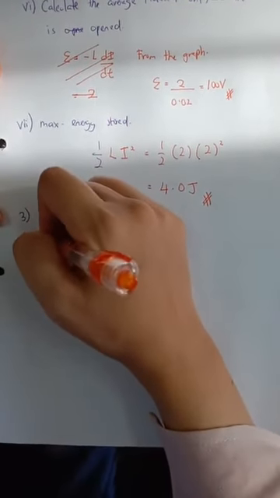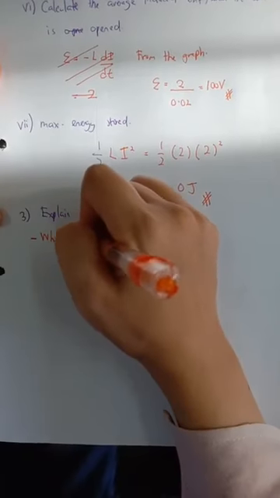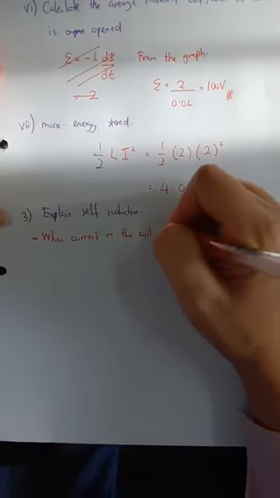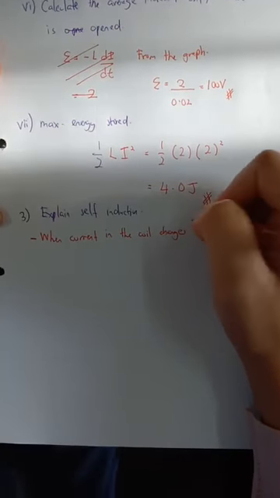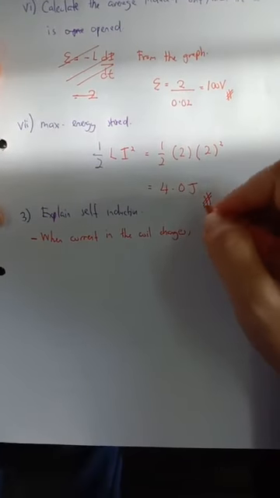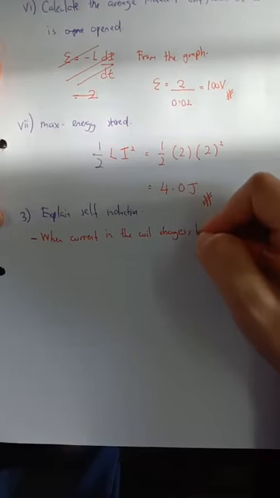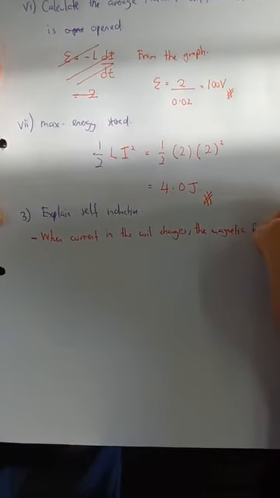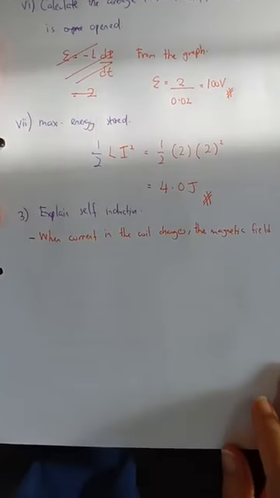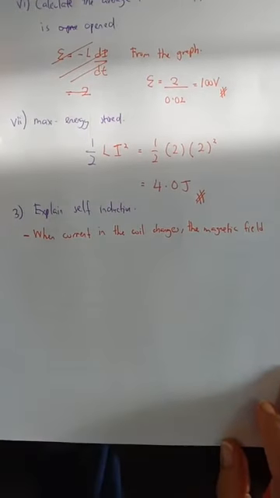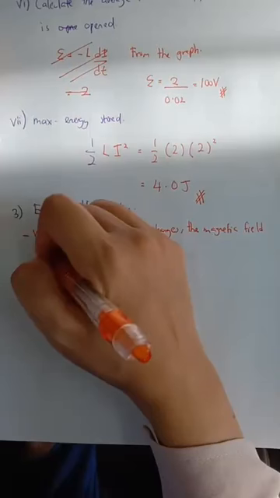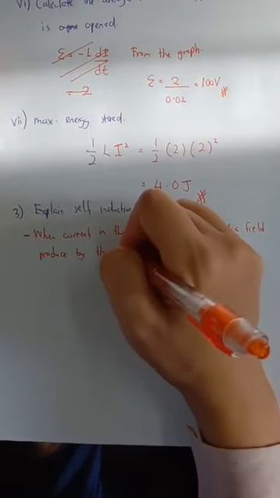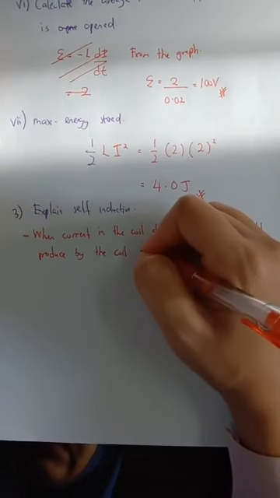So when current in the coil changes, the magnetic field produced by the coil changes.